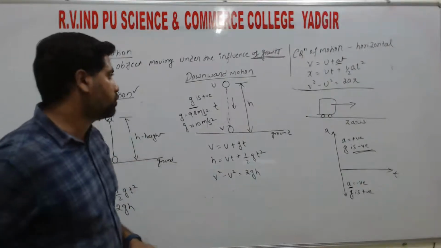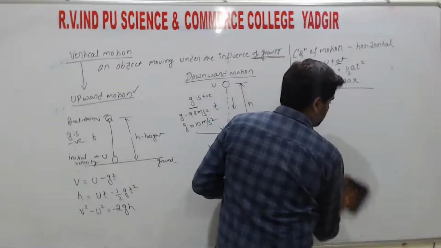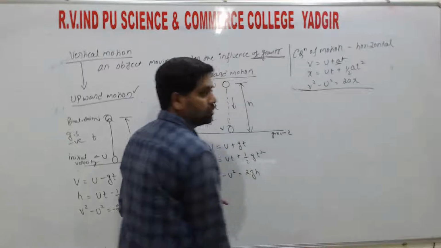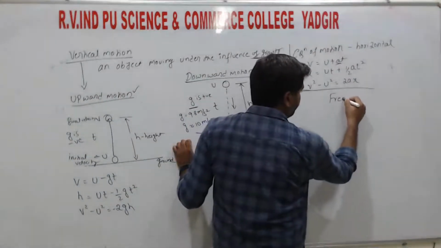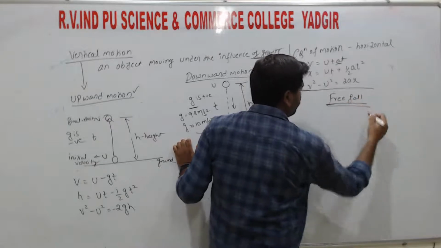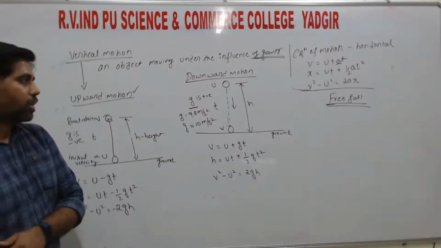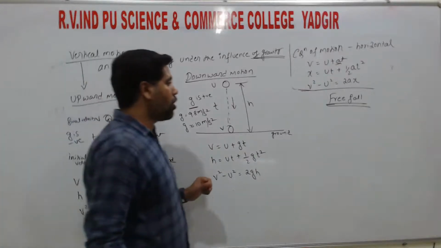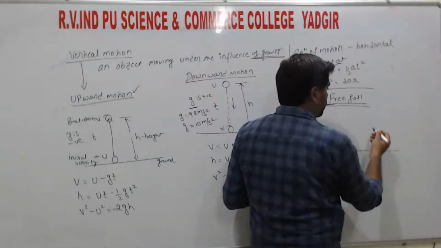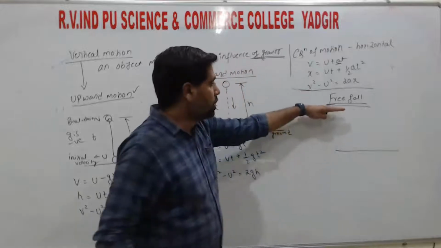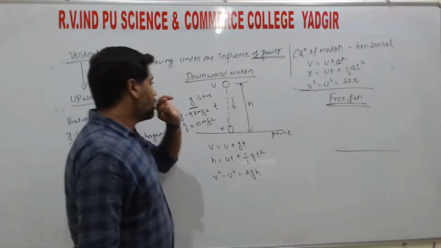Here one more special case is there, that is free fall. During free fall, the object is traveling from top to bottom, that is from higher to lower, in the downward motion.